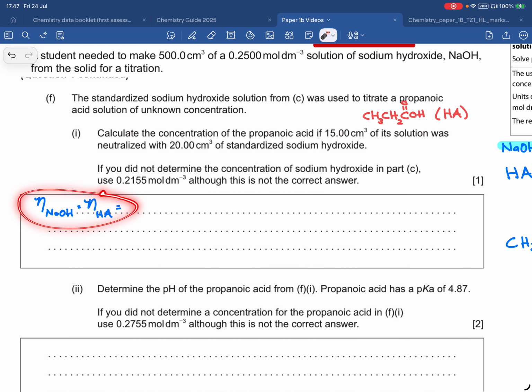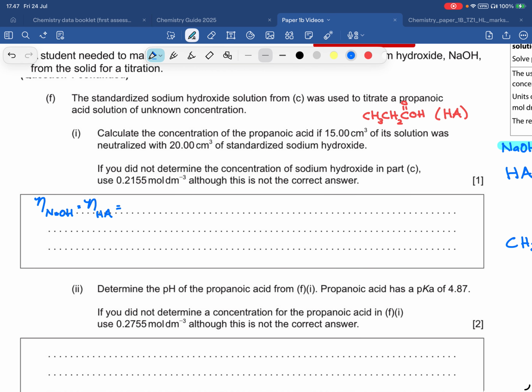I am putting this here because this is an instructional video. Now we know that the formula is moles is equal to concentration times volume. So the concentration of the sodium hydroxide was 0.2490 moles per decimeter cubed, and the volume was 0.02000 decimeters cubed.